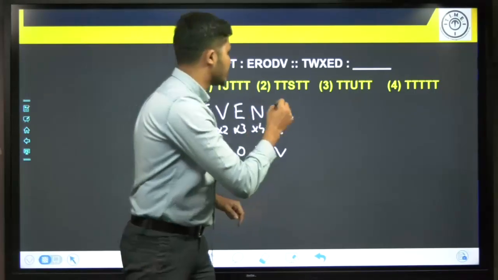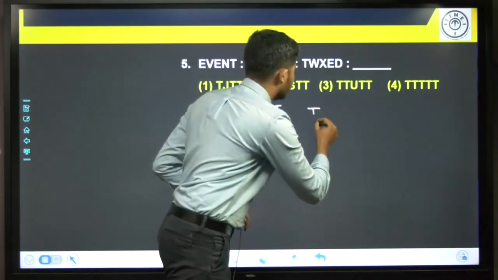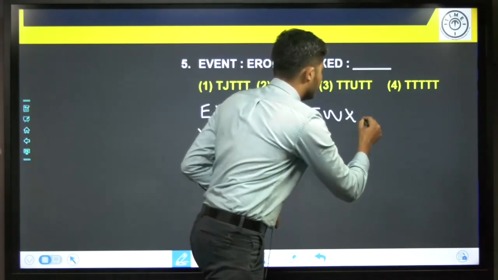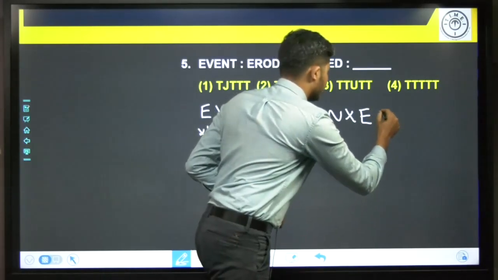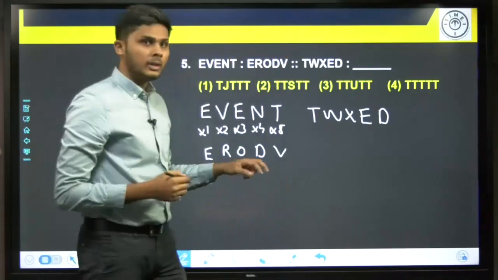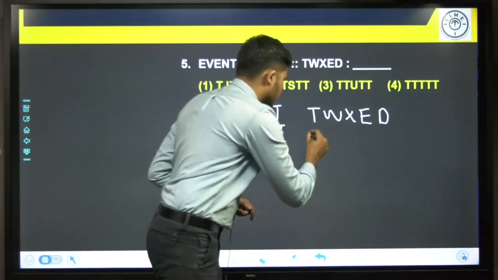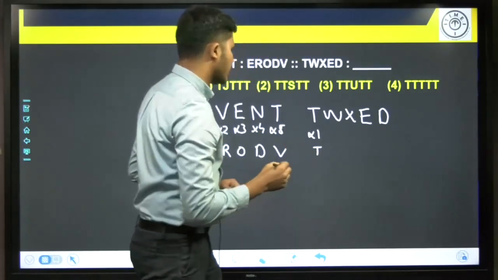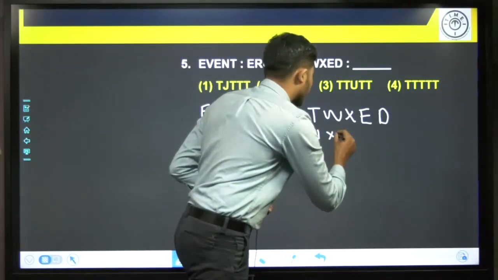Let's apply the same logic to the third term. T, W, X, E, and D. T into 1, 20 into 1, which is 20, which is T. W, 23 into 2, which is 46.